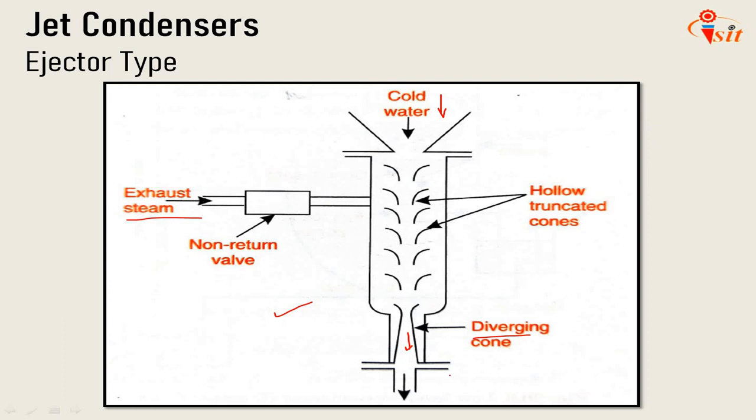The exhaust steam inlet is provided with a non-return valve, which does not allow the water from the hot well to rush back to the engine in case of failure of cooling water supply to the condenser. Okay, so that is about the ejector type jet condenser.